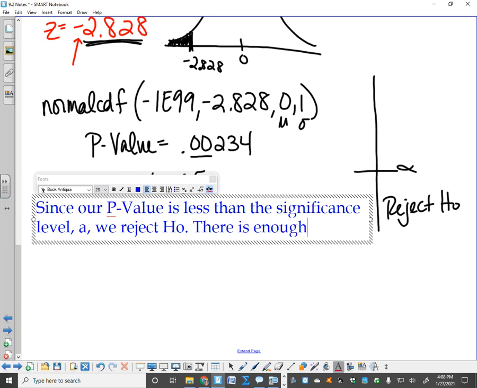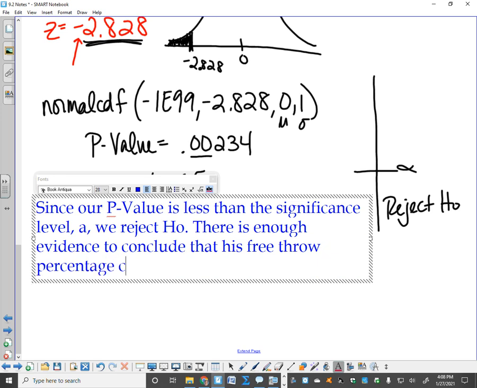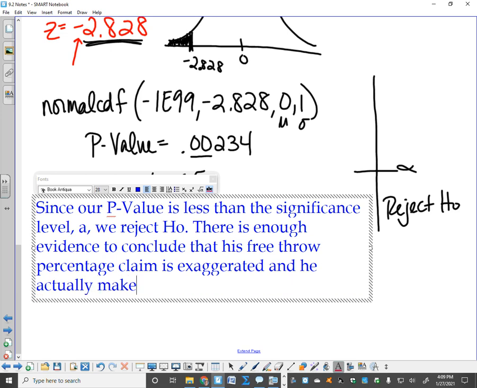There is enough evidence to conclude that his free throw percentage claim is exaggerated, and he actually makes fewer than what he claims.